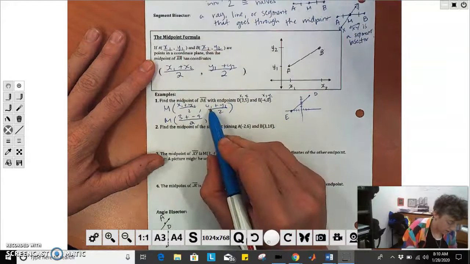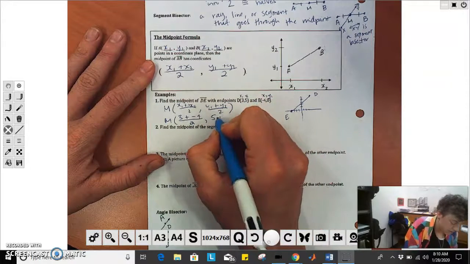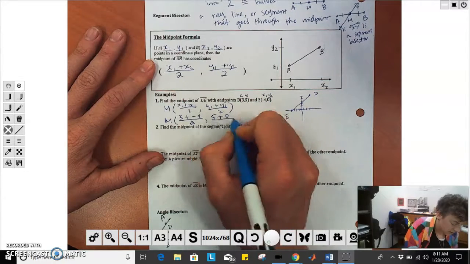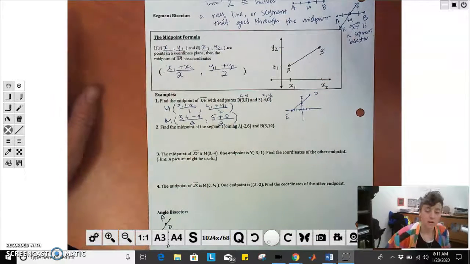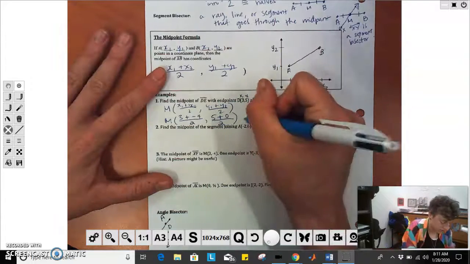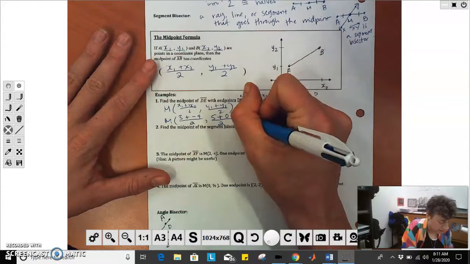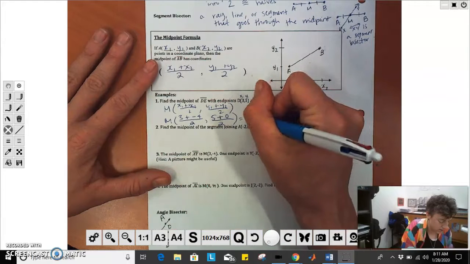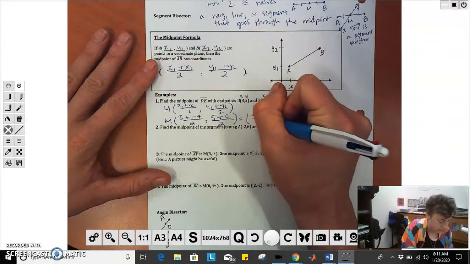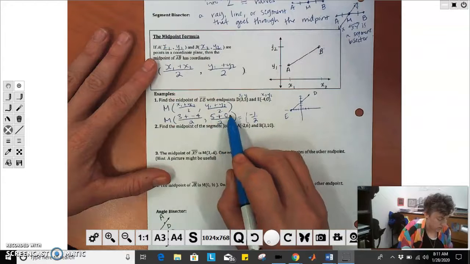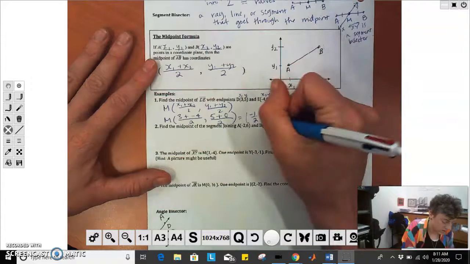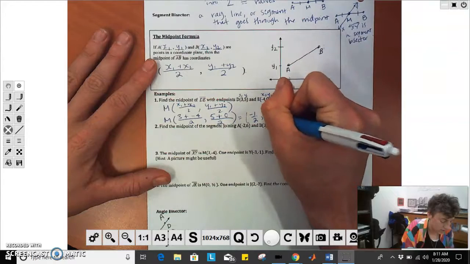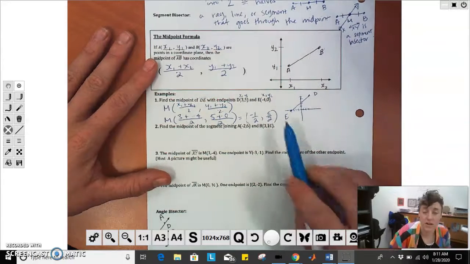And y1 was 5 plus 0 for y2 divided by 2. Let's do our calculations. 3 plus -4 is -1, so -1 over 2. 5 plus 0 is 5 over 2.